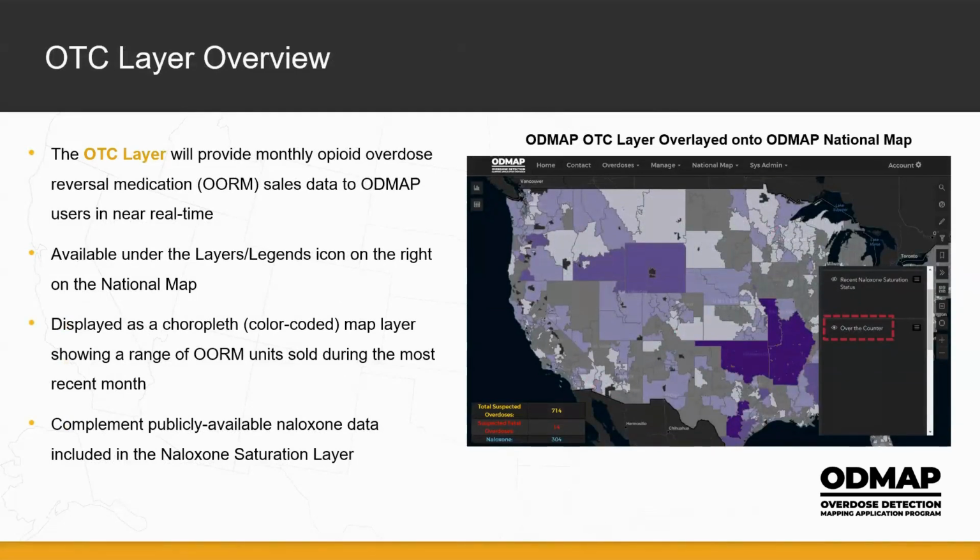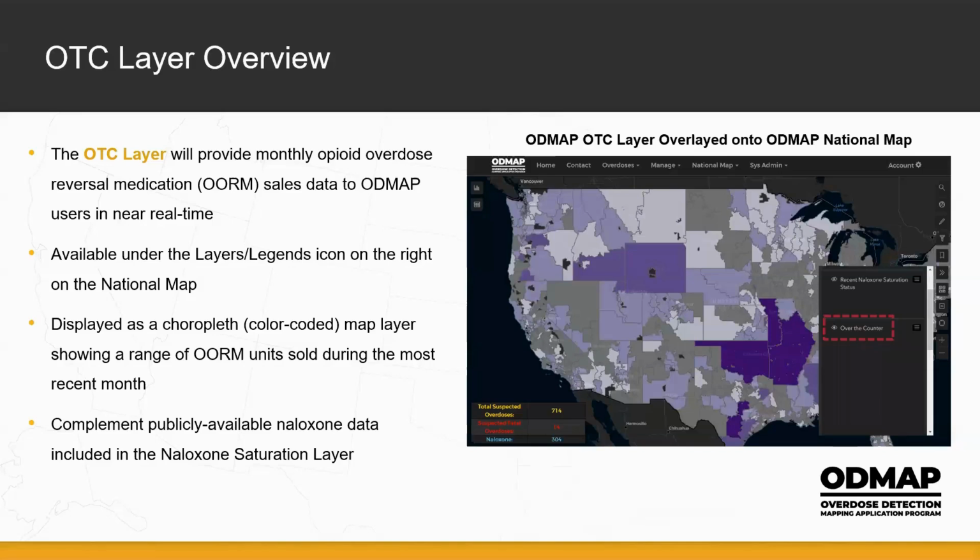Therefore, the over-the-counter layer will provide monthly overdose reduction medication sales data to ODMAP users in near real time. For example, we just received the previous month's data, and we have that on the map that we will demo for you, representing April data. As you can see, the layer can be accessed from the layer's legends icon on the right of the national map.